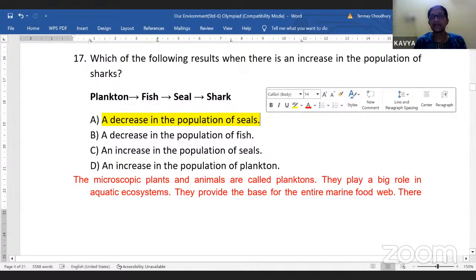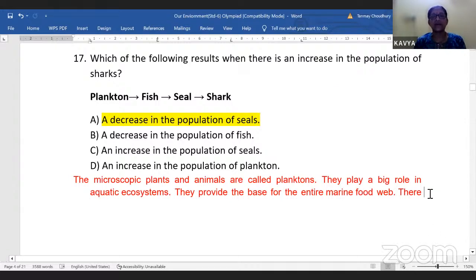And what are planktons? I have told you already. Planktons are microscopic plants and animals, and they play a big role in any aquatic ecosystem. They form the base for the entire marine food web. The word marine means sea or ocean. Freshwater means river, lake, pond.